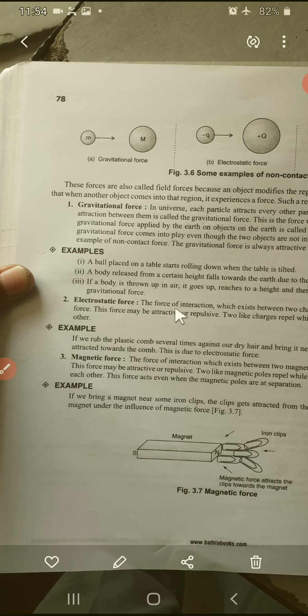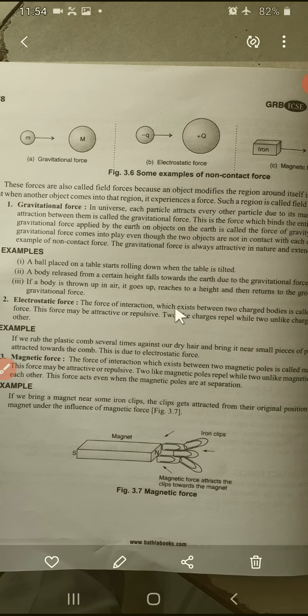But the point is that they are attracting or repelling each other without physical contact. This is due to non-contact force. So this type of force is called non-contact force. Okay, students.